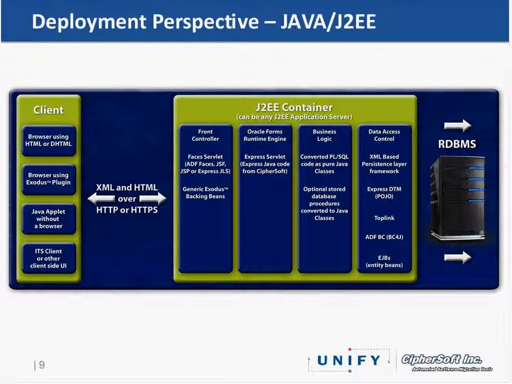Exodus doesn't automatically package up different portions like the data access or the business logic. You can't press a button and it'll package it up for you as a web service. But because it is Java code and you do get it, if you know how to do your web services, you can put the wrappers around this, the WSDLs and so forth, and do it.